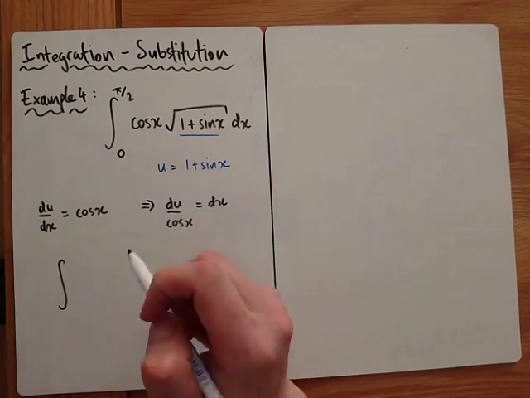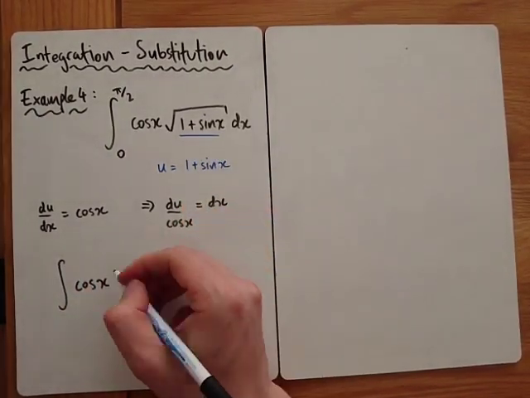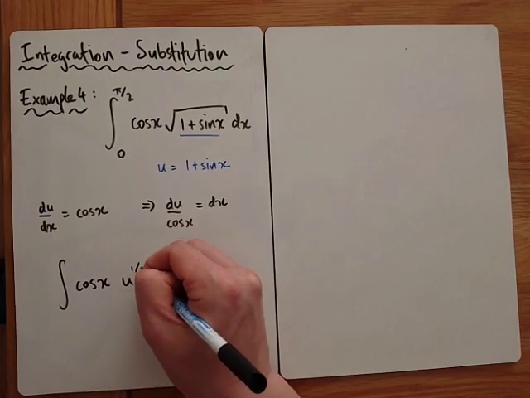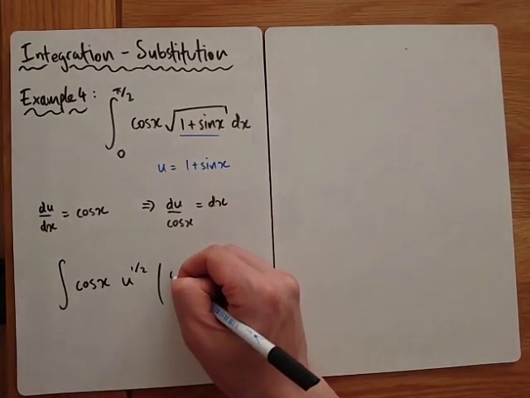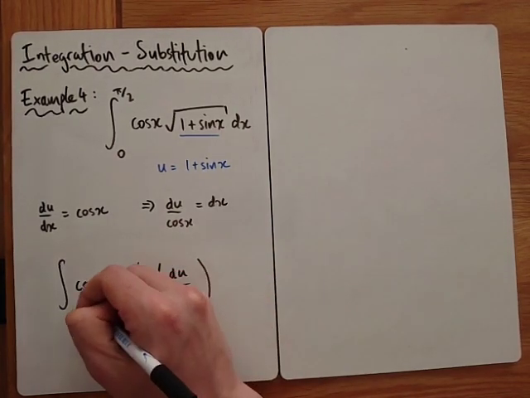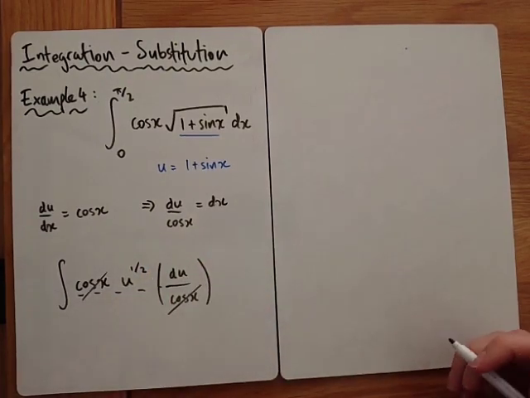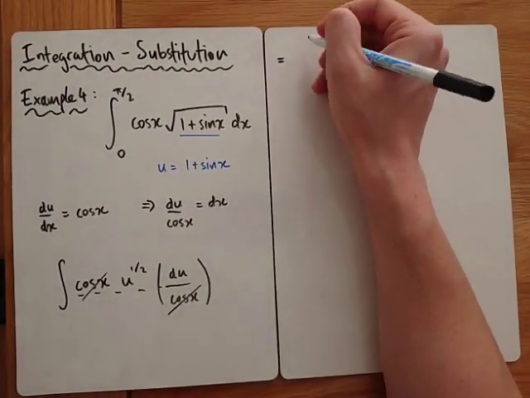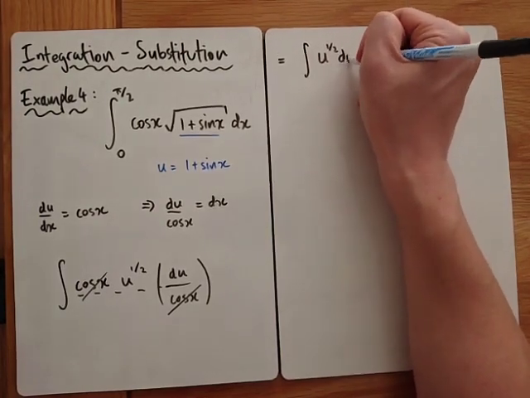Substitute in. So we've got cos x, square root of u, so times by u to the half, multiplied by dx, which is du over cos x. Tidying this one up, really nice. Cos just cancels, so we're left with just integrating u to the half.